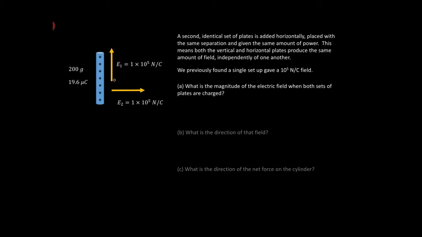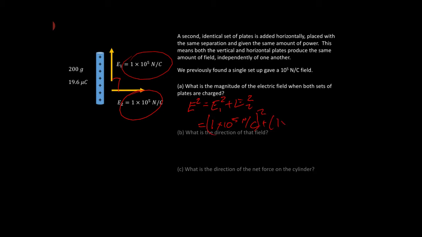Well, basically, if we have two perpendicular vectors, to get the magnitude, we just have to add the squares. So E squared is equal to E1 squared plus E2 squared, which is 1 times 10 to the 5th newtons per coulomb in both cases. So 1 times 10 to the 5th newtons per coulomb squared plus 1 times 10 to the 5th newtons per coulomb squared.